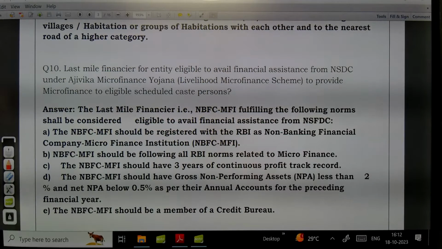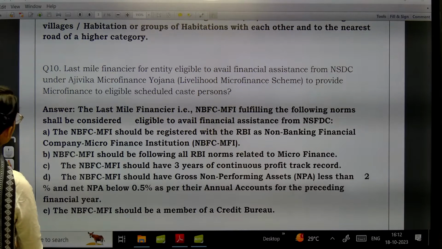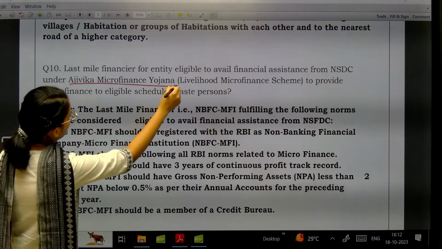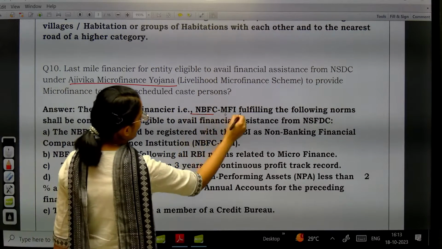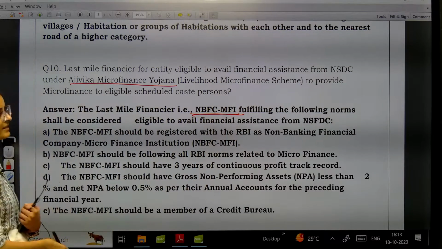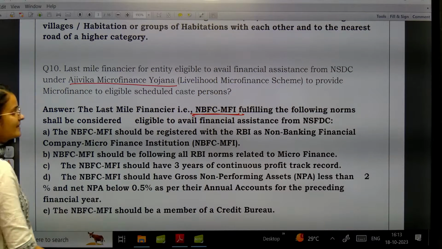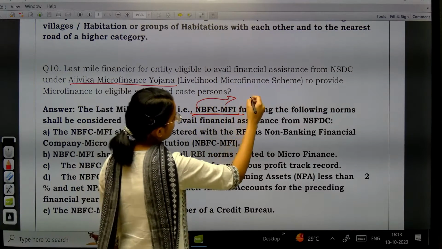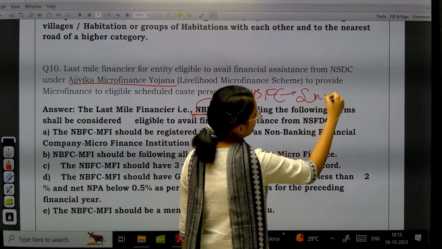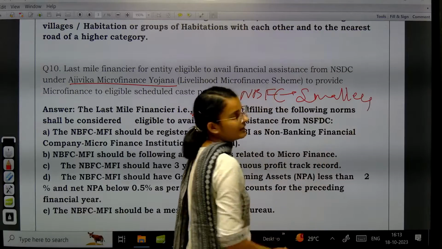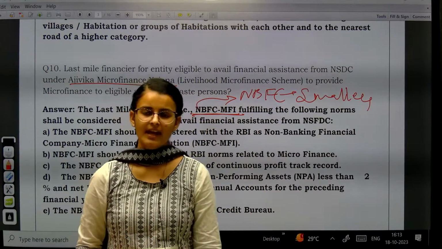Next is last mile financer, the entity eligible to avail financial assistance from NSDC under Ajivika Microfinance Yojana, a livelihood microfinance scheme to provide microfinance to eligible scheduled caste. So the answer for this question was NBFC microfinance. It is an NBFC only which works at a smaller level that caters to the need of villagers and rural areas.